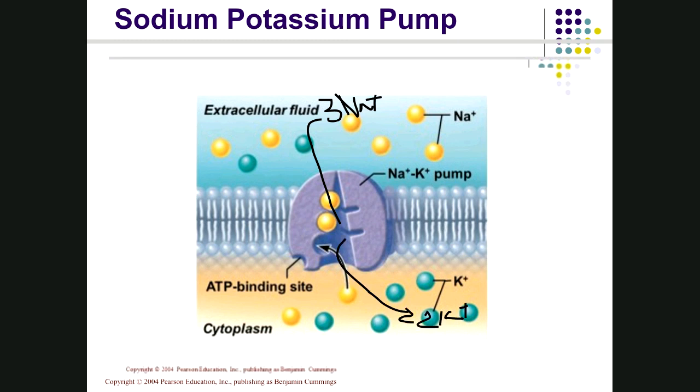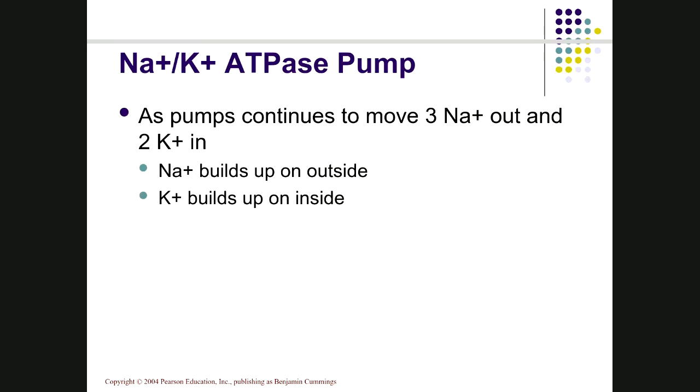But it's also pumping 3 positives out, because each sodium is a positive, and only bringing 2 positives in, because potassium is positive too. And so if I keep doing it, sodium's going to build up on the outside, potassium's going to build up on the inside. And the outside's going to build up positives, so it's going to be more positive. The inside is going to be less positive, or again, another way to say that is more negative.